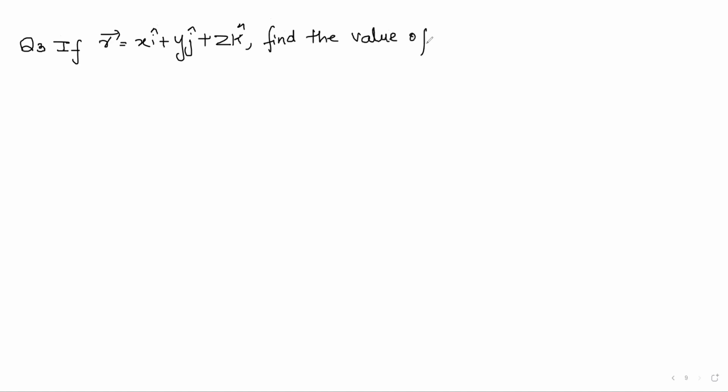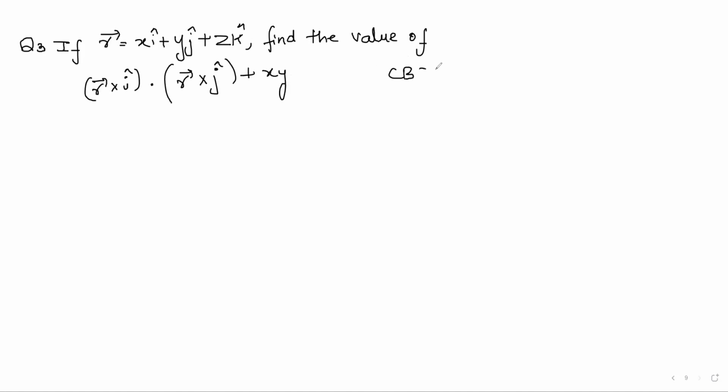Question third. This question came in CBSE 2015. If r is equal to x i cap plus y j cap plus z k cap, find the value of r cross i cap dot product r cross j cap plus xy.